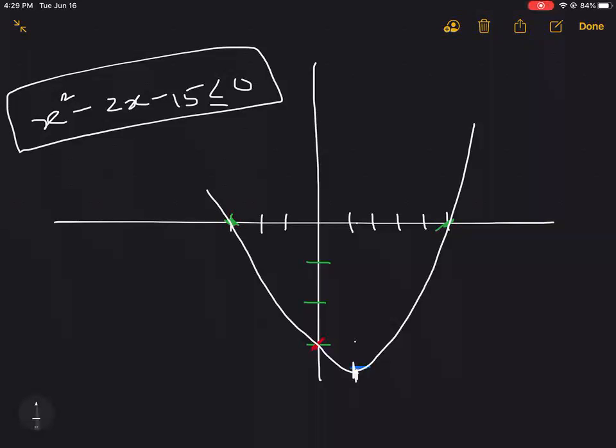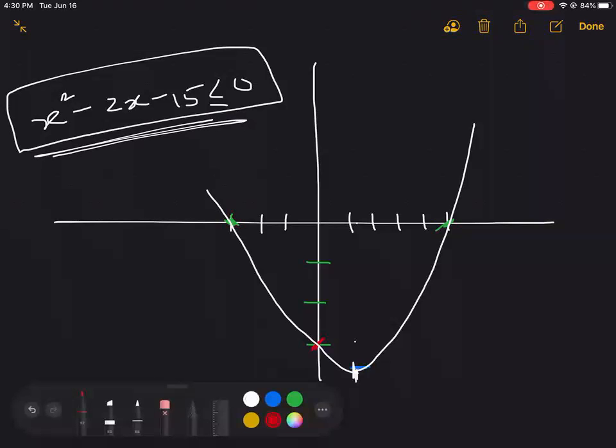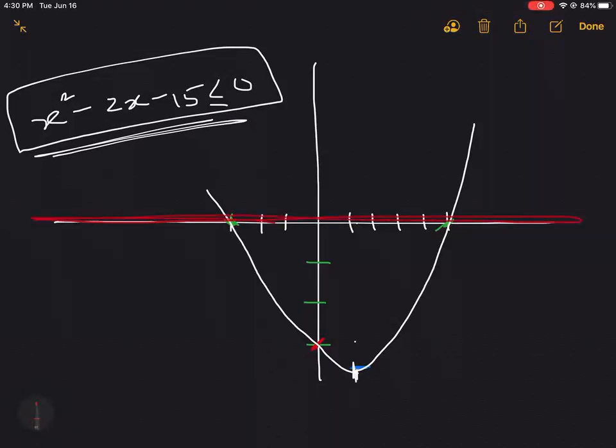So what it means is that it's actually below this x-axis, because clearly we know that above this line, your functional value is positive, and below this line, your functional value is negative.